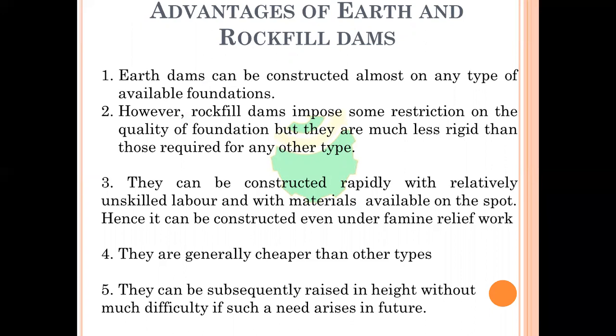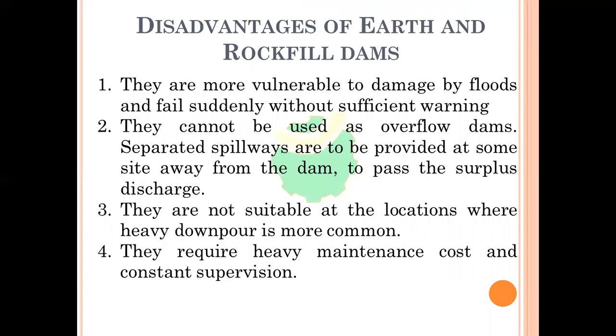They can be constructed rapidly with relatively unskilled labor and with materials available on the spot. Hence, they can be constructed even under famine relief work. They are generally cheaper than other types. They can subsequently be raised in height without much difficulty if such a need arises in future.